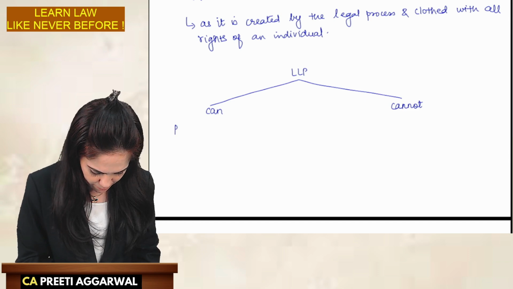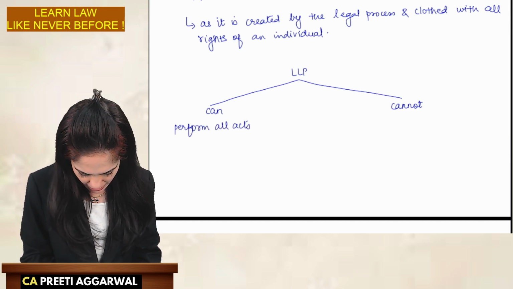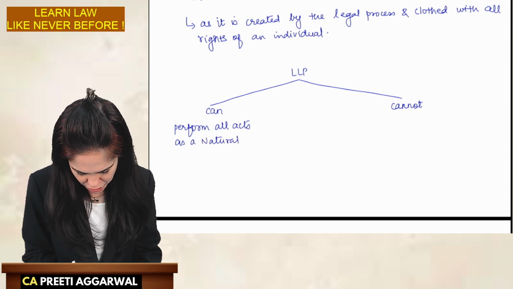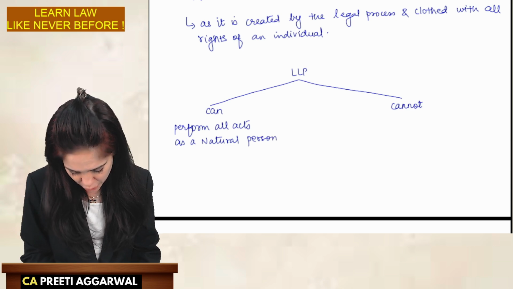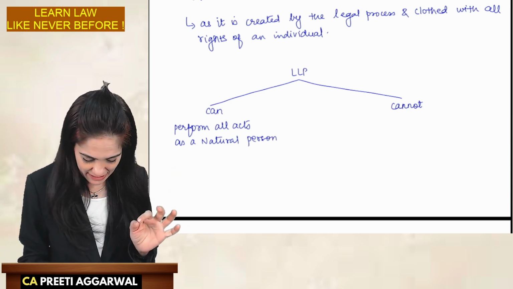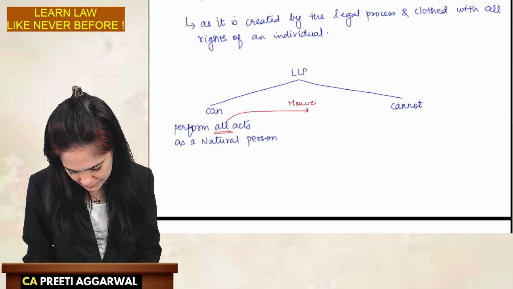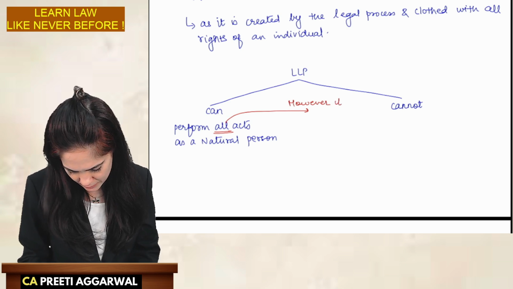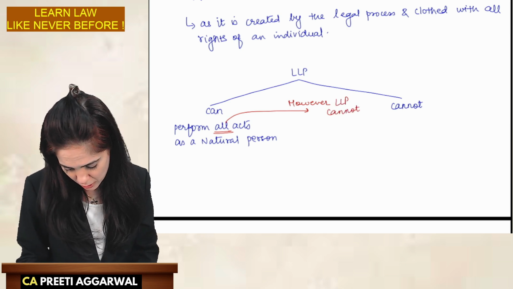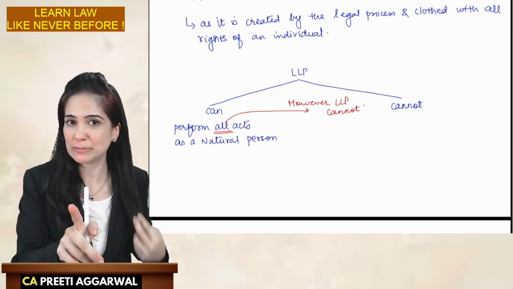It can perform all acts as a natural person. So it can do whatever a living person is doing. But see, I am writing that it can do all acts. However, LLP cannot. Okay. Now, I agree that it can do everything like a natural person.